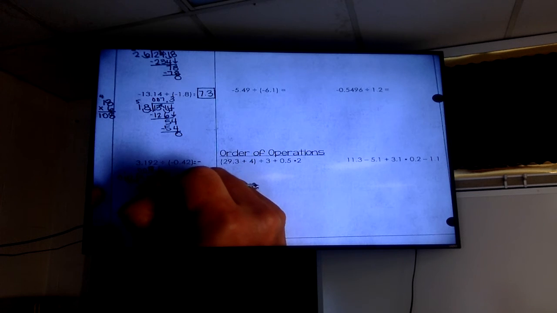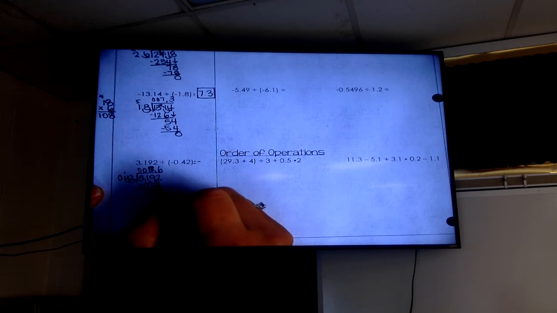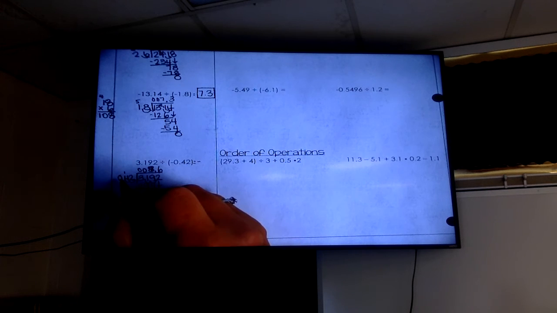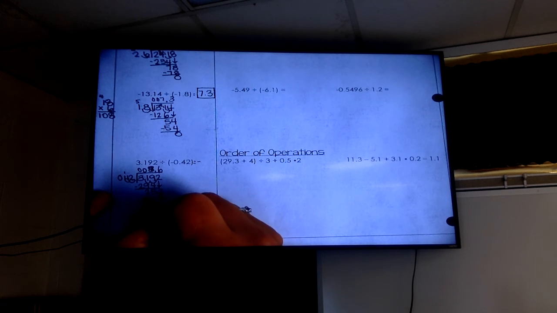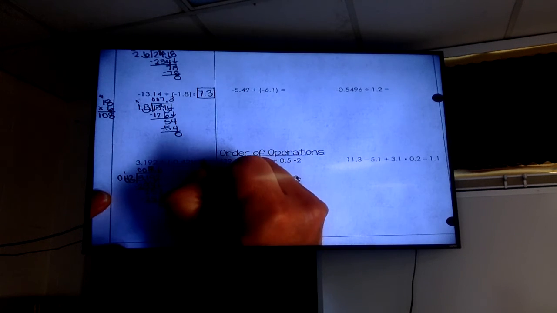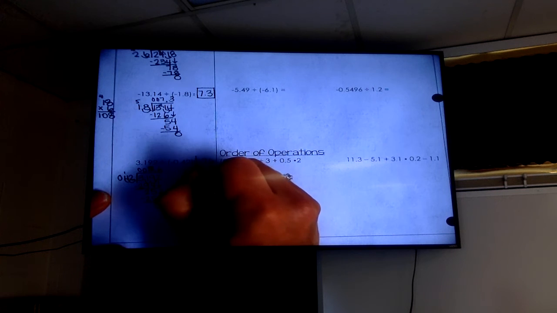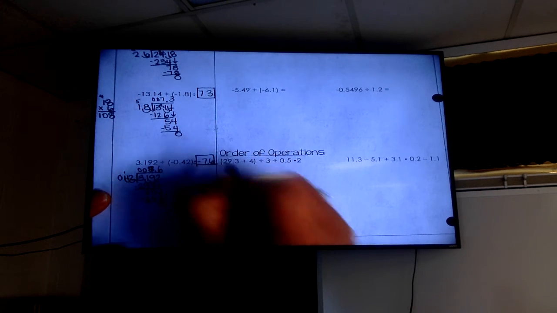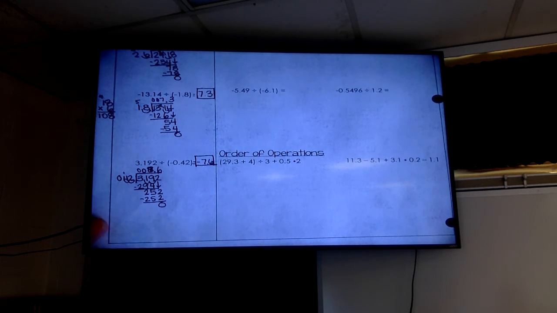So we know it needs to be 6 times. So 6 times 2 is 12. 6 times 4 is 24, plus 1 is 25. There we go. 7.6. And we already said it was a negative. A positive divided by a negative is a negative. Negative 7 6/10.